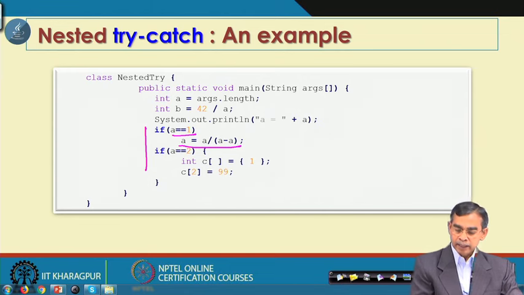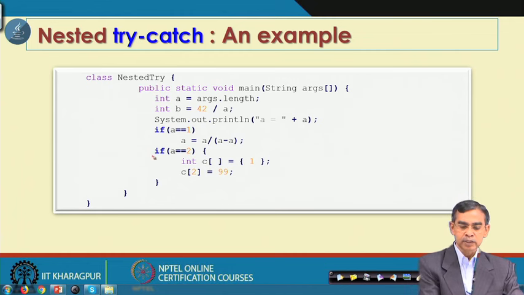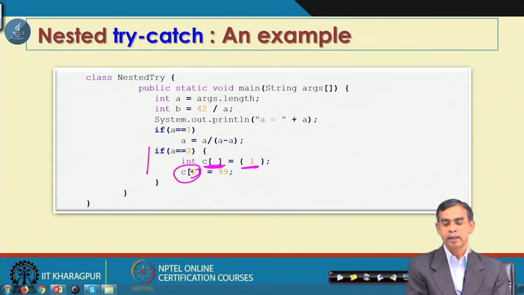Now, another situation: it is not the 0 input, it is not the single input, suppose the user enters 2 inputs. Then if a equals 2, there is again a possibility of error, because here we declared an integer array c with only one element in it, that means the size of the array at present is 1, but we want to store a value at the second index. This is the array index out of bound error.